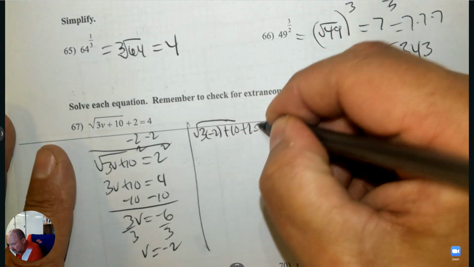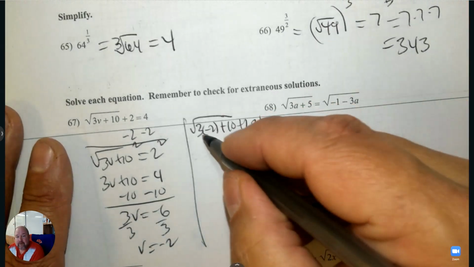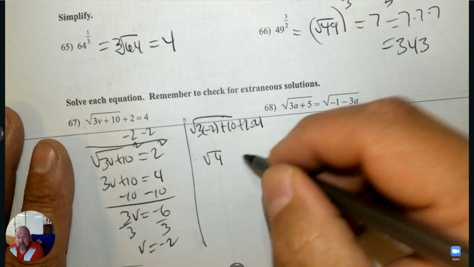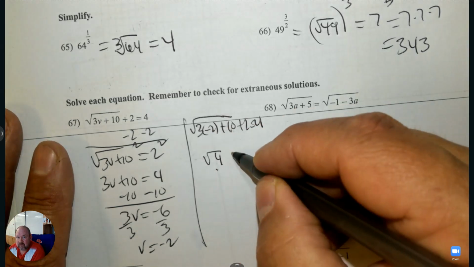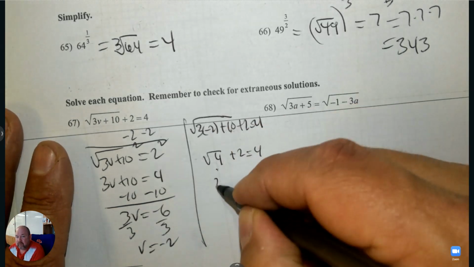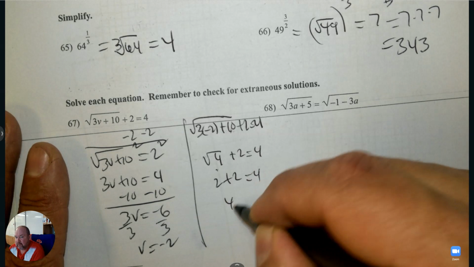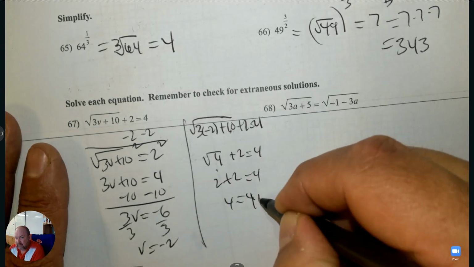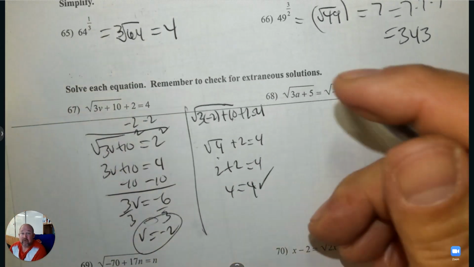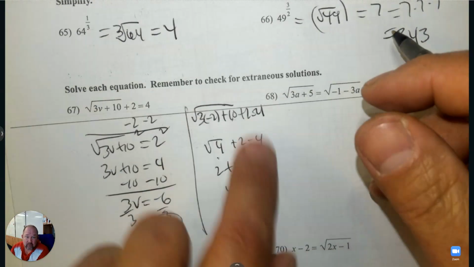So let's see. So this is negative 6 plus 4, negative 6 plus 10, which is 4. Square root of 4 is 2, and then 2 plus 2 is 4, so it definitely works. Left side equals right side, so it's a good answer. So just because the answer is negative doesn't mean it doesn't work.